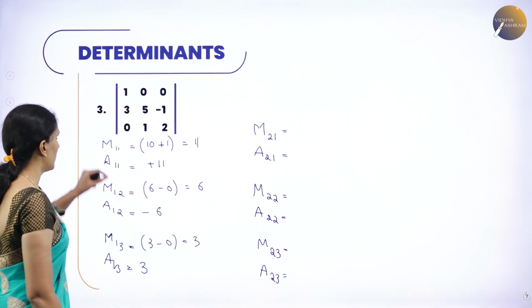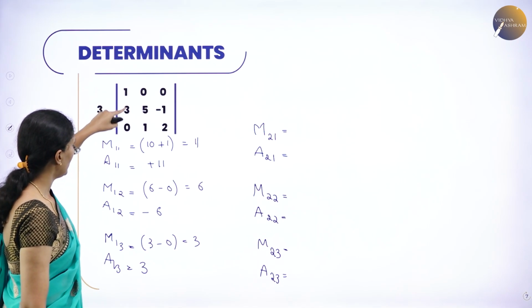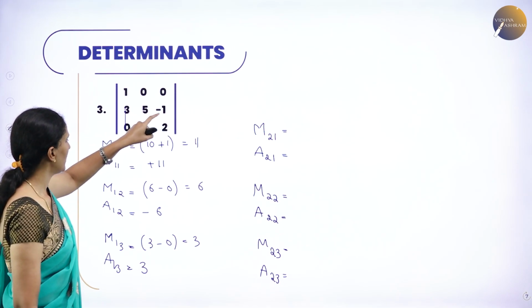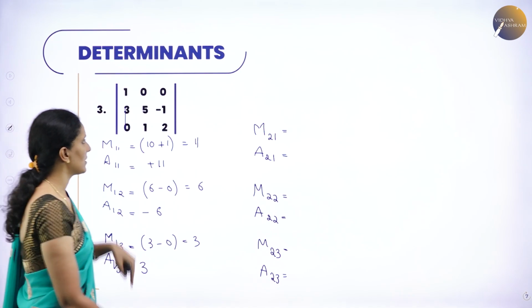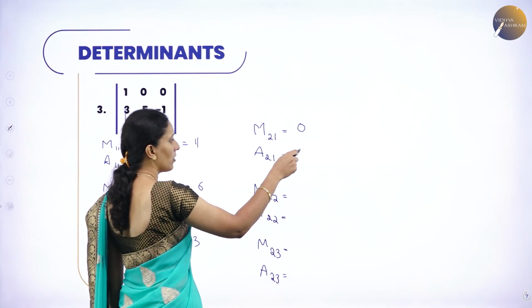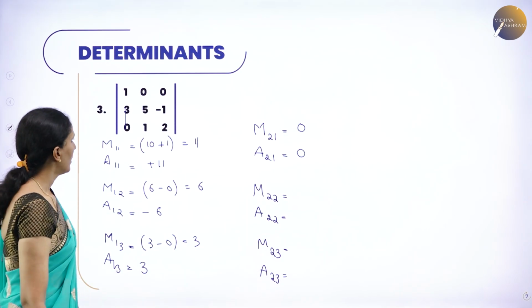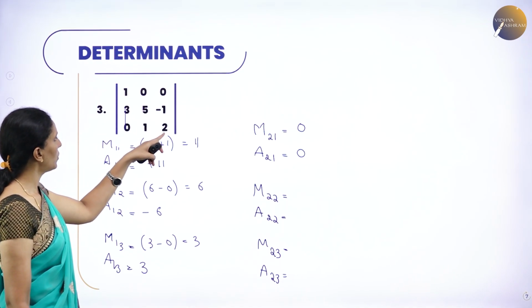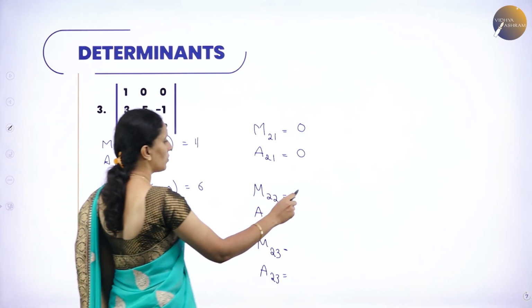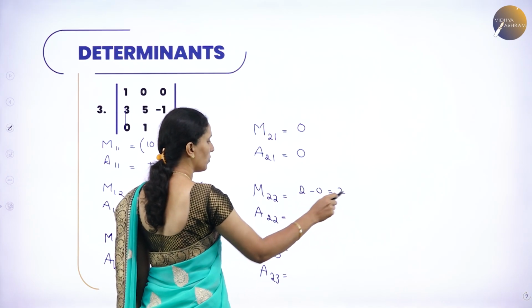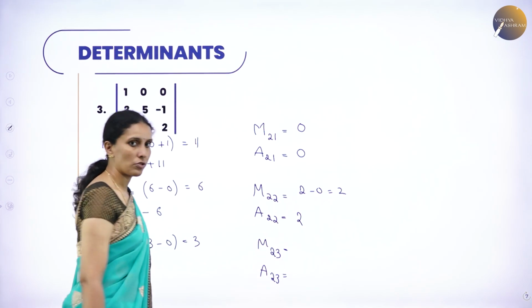Now M21. Second row first column element, delete the row, delete the column here, then it is 0 2s are 0 minus 0 which is 0. If minor is 0 then cofactor is also 0. Next is for 5, we have 1 2s are 2 minus 0.